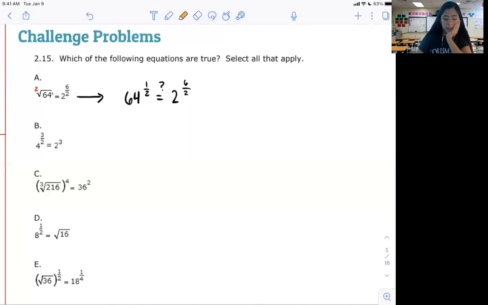Yeah, the 6 and the 2, because you can simplify that fraction. What is 6 divided by 2? 3. So I have 64 to the power of 1/2 equals, sorry, equals 2 to the power of 3.